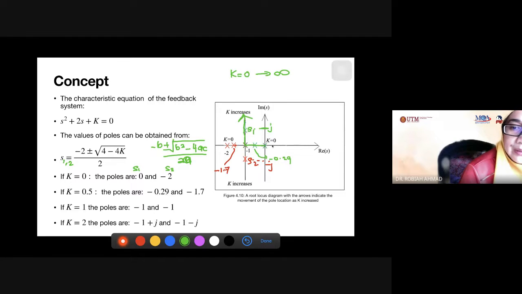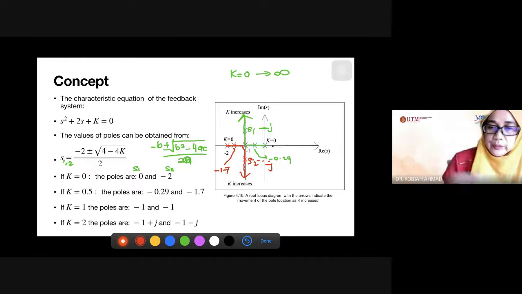The green one. And then this is what happened to the second one. It starts with minus 2, and then goes here, and finally goes downward. As K increases, it will go to infinity.